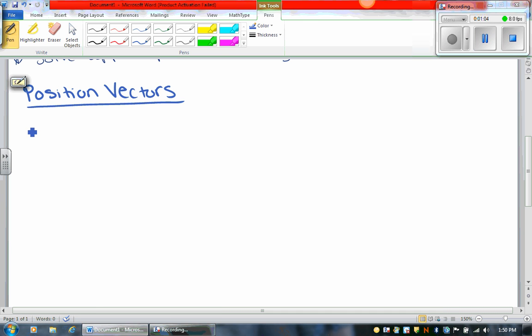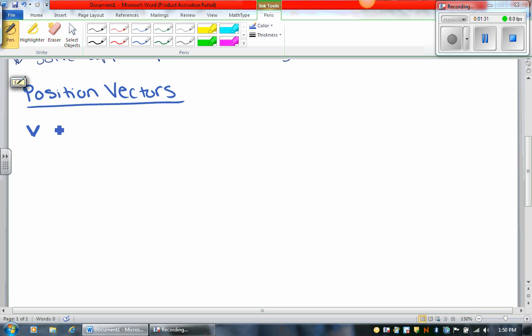And remember, when we're dealing with vectors, when we write them, the v is bolded. Okay, so we've got some vector v, and its initial point is the origin in the xy coordinate system, and a terminal point AB. Okay, so we say that the vector is in standard position, and we refer to it as a position vector.